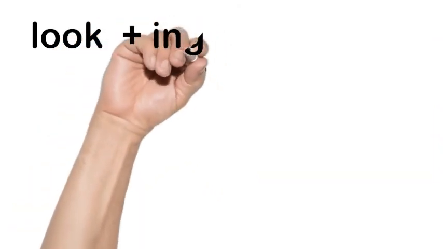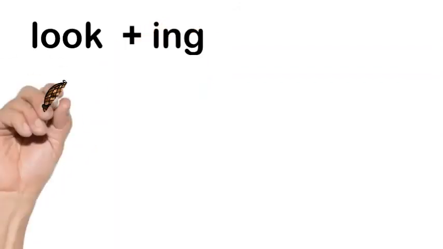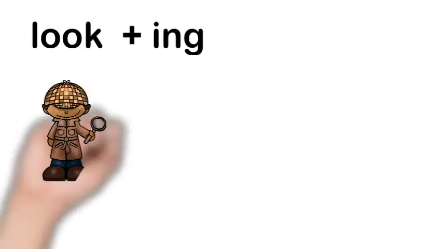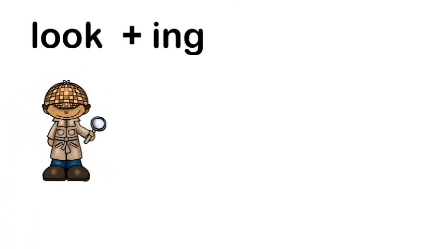Let's try a couple more. If I have the base word look, L-O-O-K, and I'm adding the vowel suffix ing, do I double? Well, do I have one vowel? No, I have two. So I don't double unless I have one vowel and one consonant after the vowel and a vowel suffix.